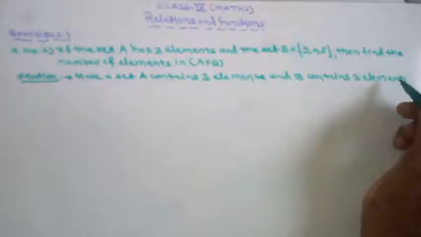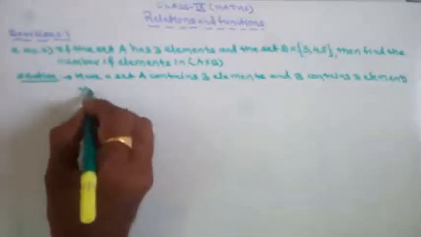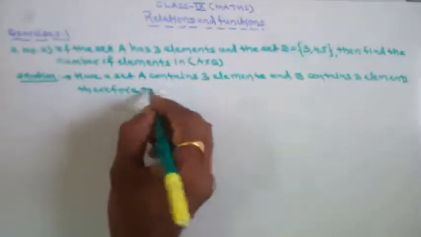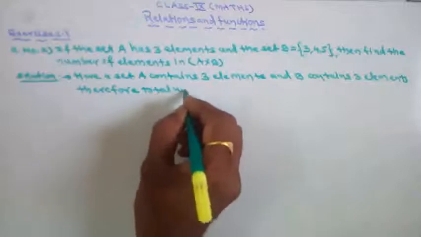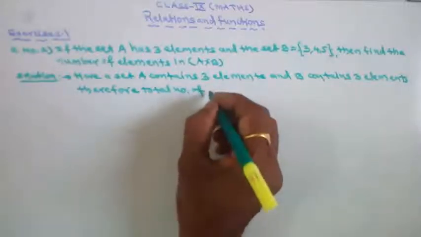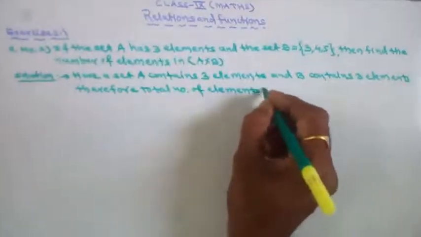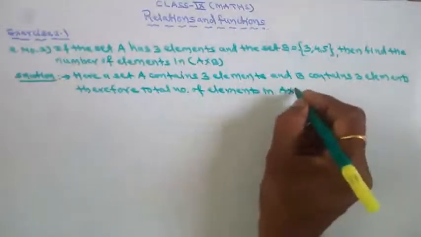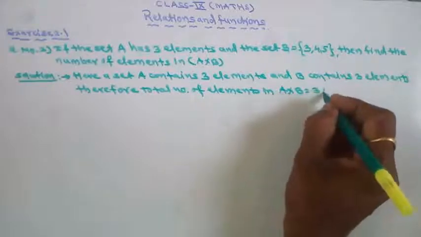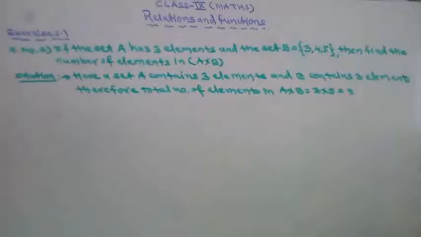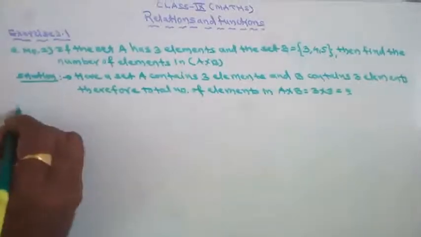Okay, 3 elements. Therefore, the total number of elements in A cross B will be equal to 3 into 3, that is 9. Okay, now take the next question.